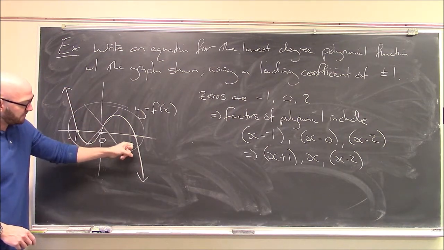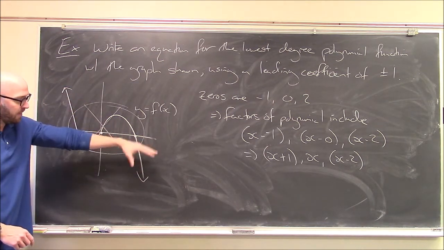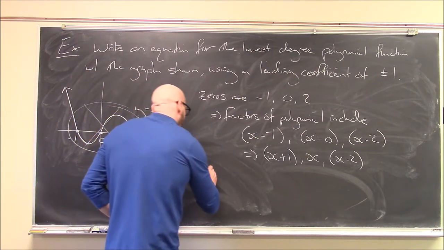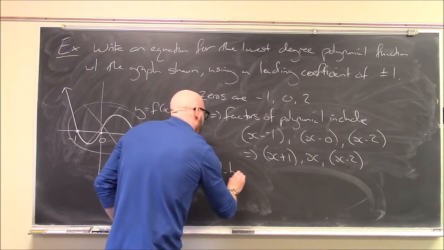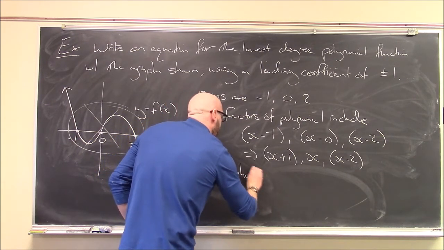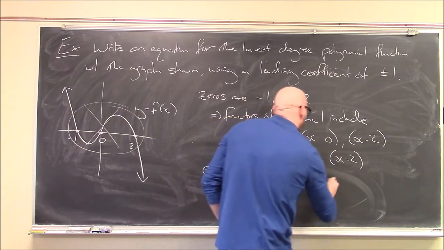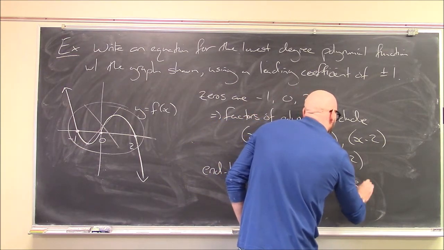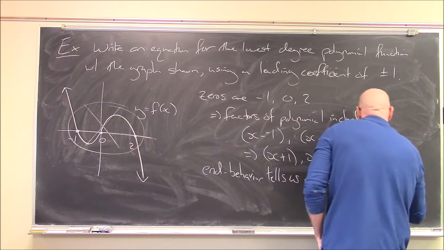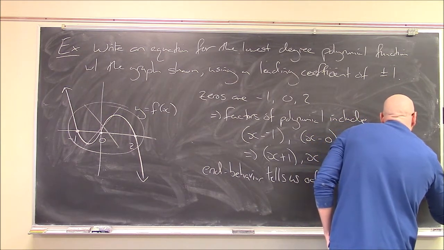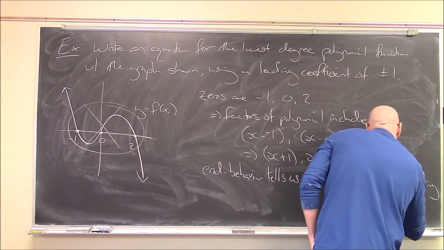And because it goes to negative infinity for positive values, I know my leading coefficient has to be negative, right? So end behavior tells us odd degree and negative leading coefficient.